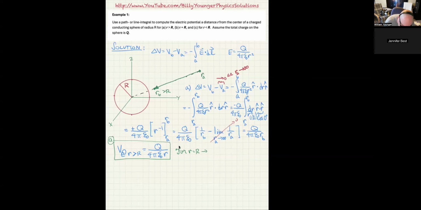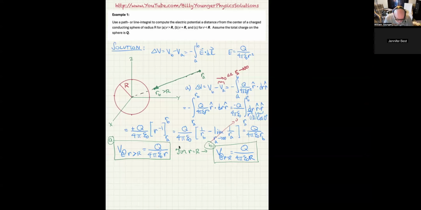That's not a problem. So let me go back and write it. So V at R equal big R is equal to Q over 4 pi epsilon naught big R, like that. And that's our answer for part B.